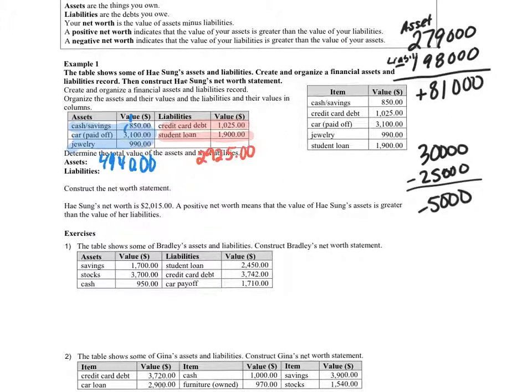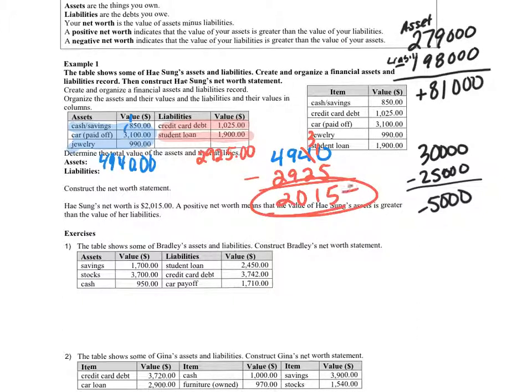So his assets are $4,940. So we would subtract the assets minus the liabilities. Okay, and we would get 2015, that would be his net worth, okay? Because that's all his assets added up minus his liabilities.